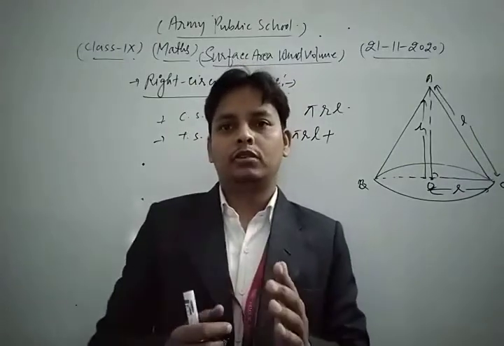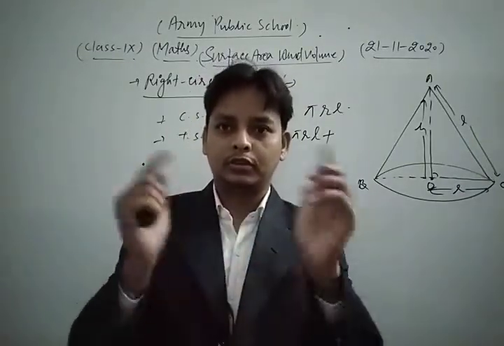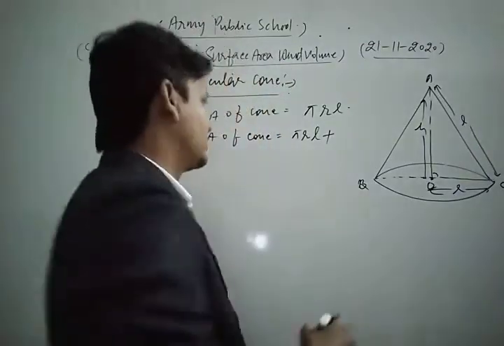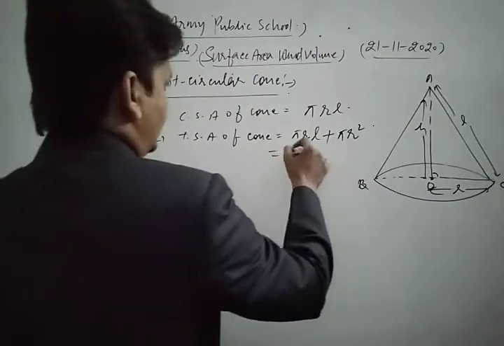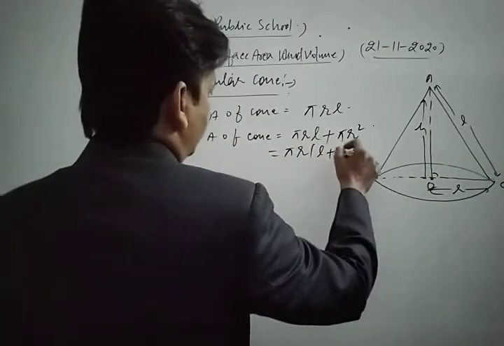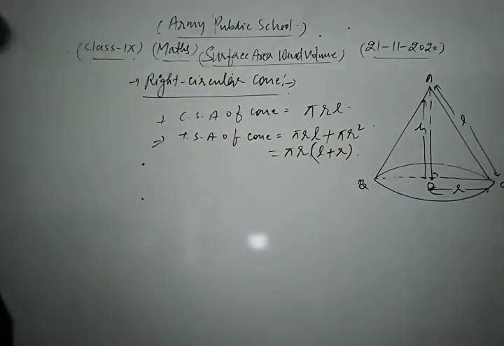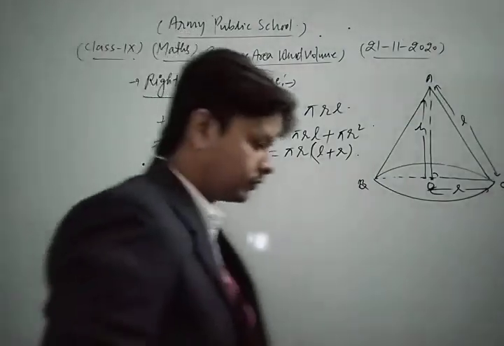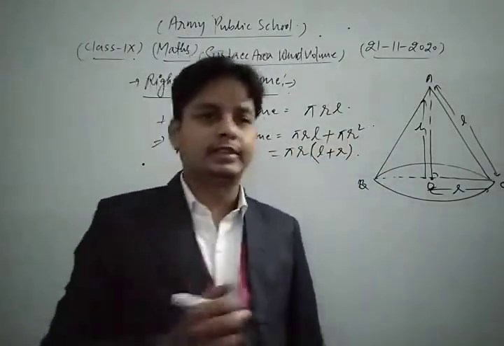Dear students, in the case of the cone, the base of the cone is circular in shape, so the area of the circle is pi r square. So here we get pi r l plus pi r square. Here we take pi r as common, so we get pi r into l plus r. This is the formula for the total surface area of the cone. Now, the next important formula of the cone is the volume of the cone. Let's see.